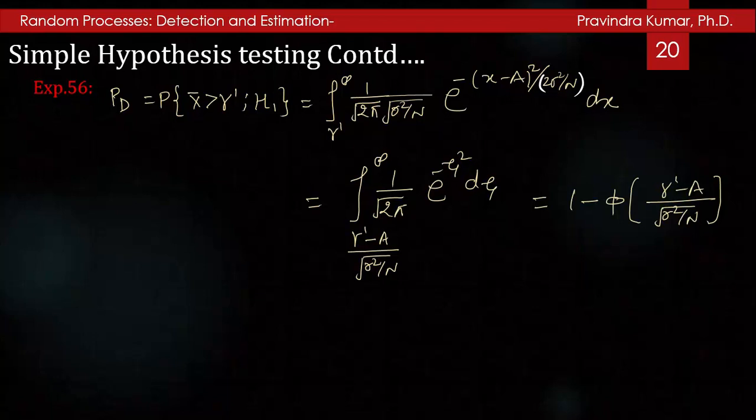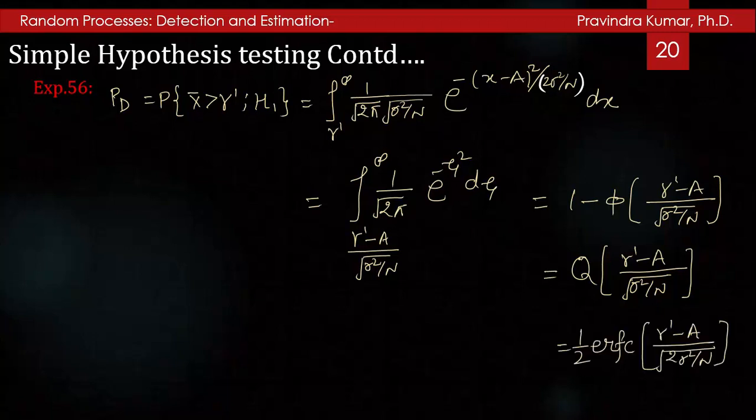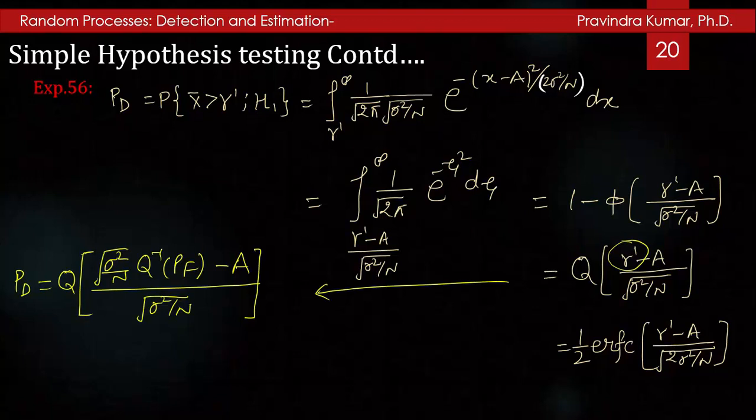From the definition it will be 1 minus phi of gamma dash minus A divided by under root sigma square by n. In the Q function form it will be Q of gamma dash minus A upon under root sigma square by n, and in the complementary error function it will be 1 by 2 ERFC of gamma dash minus A upon under root 2 sigma square by n.